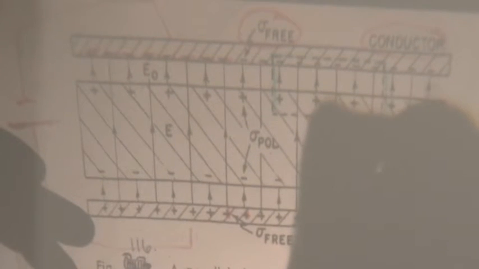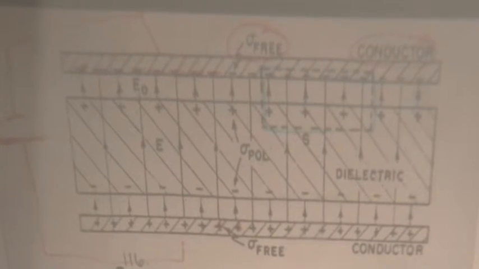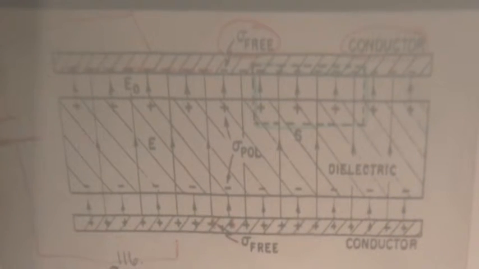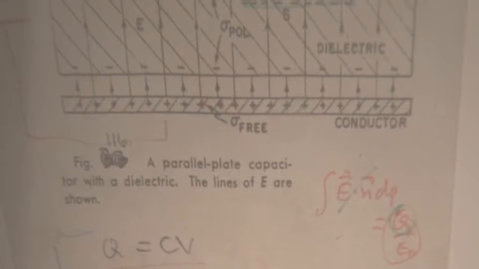Let's put a Gaussian box like this in the system. Well, we know that this hasn't changed. We haven't touched the conductor at all. We've just put a piece of plastic in, and I can emphasize it doesn't even have to touch the conductor at all. Well, we've reduced the electric field, so we must have reduced the charge in the box.